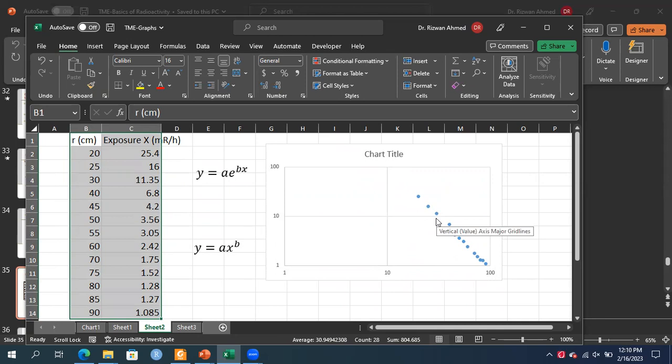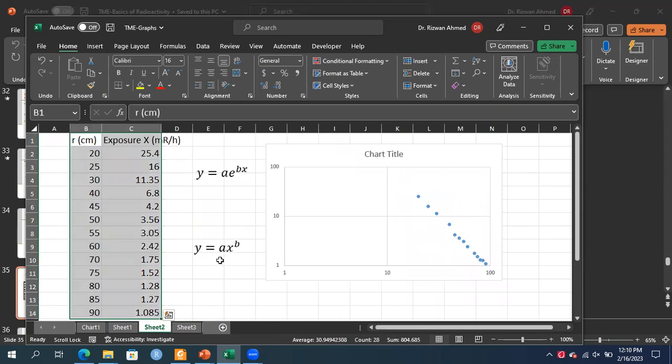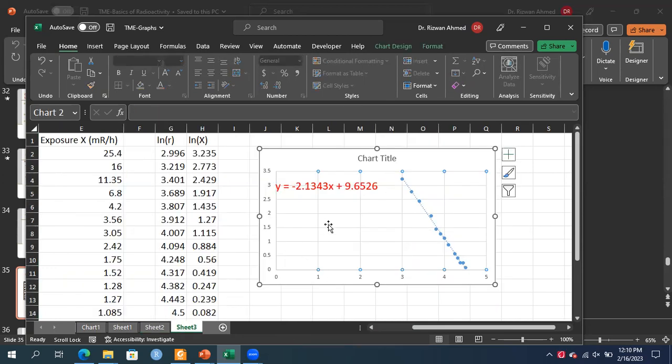If we consider that should be the model for our problem, the equation in that case would be y equal to a x raised to the power b. And the slope you got here, -2.1, is basically consistent with the value of this b variable. So therefore, there is nothing like slope on the log scale. It is basically the slope when you transform the data and get the slope from the linear scale.